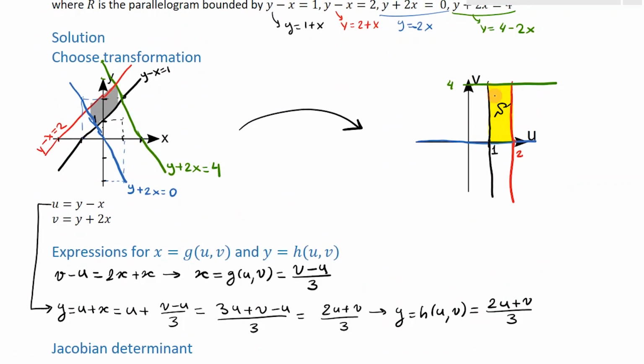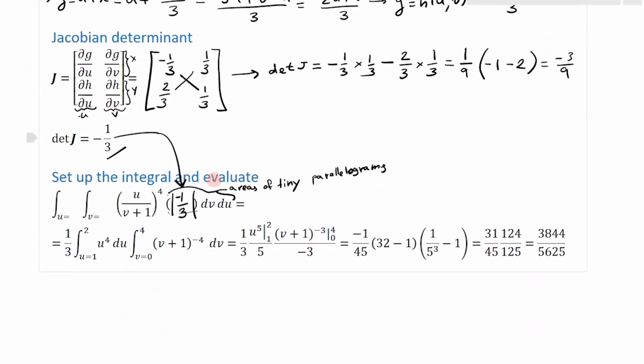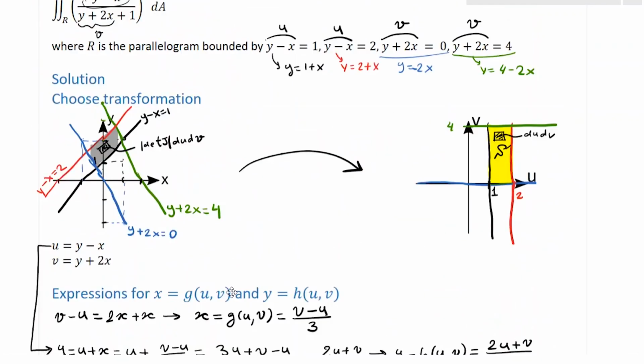So when this makes a rectangle of size du times dv, what happens here is there will be some parallelogram that ends up being spanned, that corresponds to this, and its area would be given by the absolute value of the Jacobian determinant times du dv. I'm not deriving this, it's just a reminder.